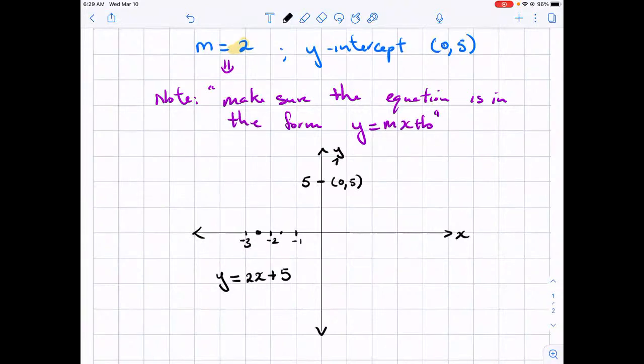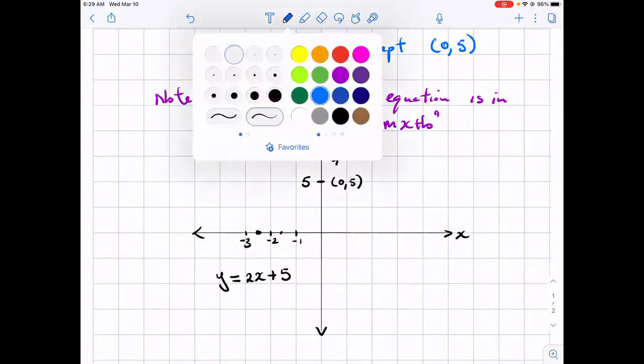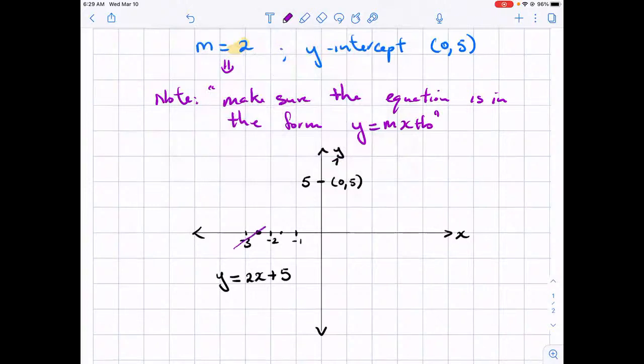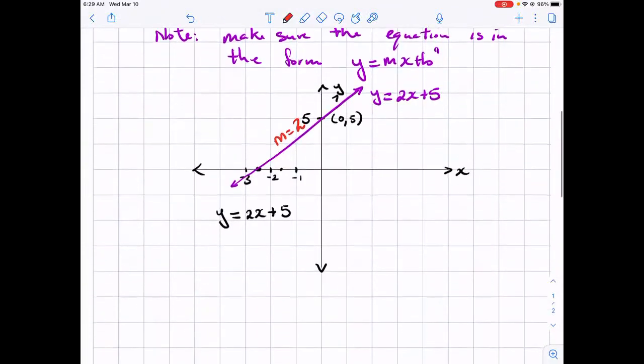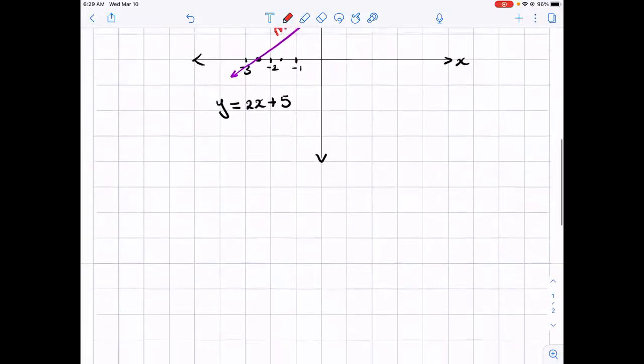So your graph should really pass through there, somewhere over there. So this is y equals 2x plus 5. Okay, m here is positive 2. So this is linear, right? And you can see that the graph here is increasing.